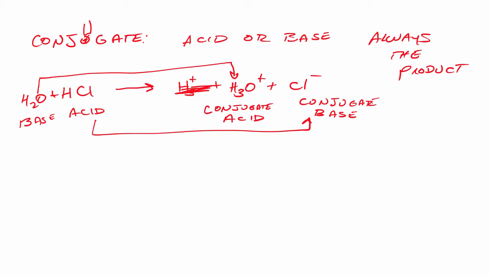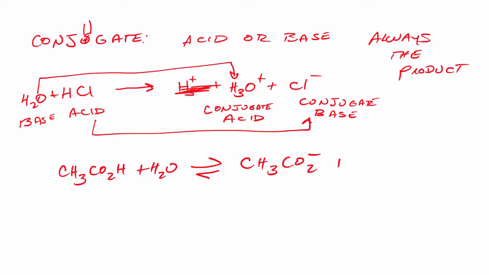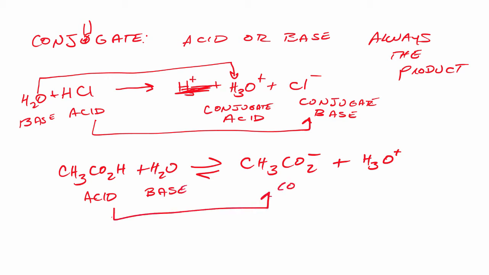Now, if we have a weak acid base, say we've got acetic acid, CH3CO2H, plus H2O, we're going to get CH3CO2 minus plus H3O plus. This is a weak acid. We got mostly this, but some of it will dissociate to form this. This is my acid. This is my base. This is my conjugate base.